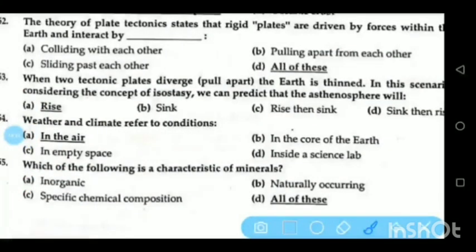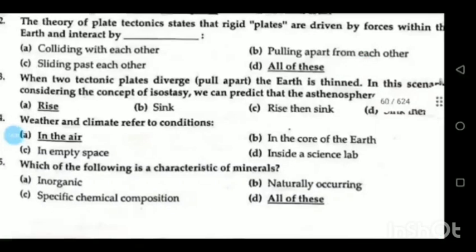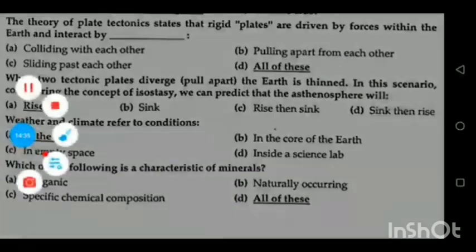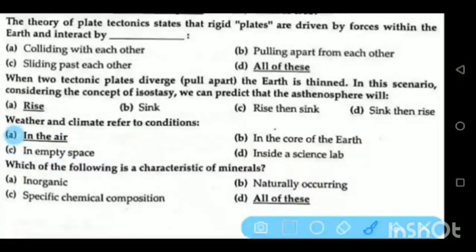The theory of plate tectonics states that rigid plates are driven by forces within the earth and interact by all of these: colliding with each other, pulling apart from each other, and sliding past each other. When two tectonic plates diverge, meaning pull apart, the earth is thinned.